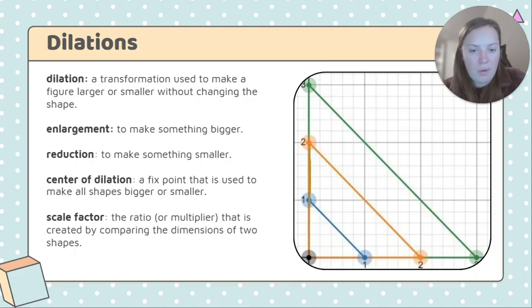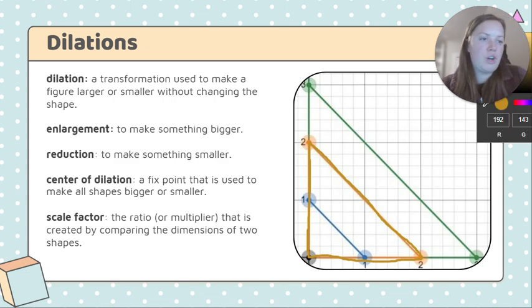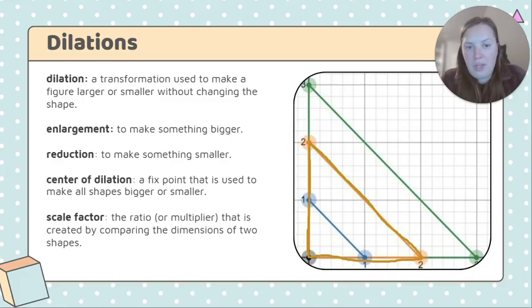This is our original triangle. If we were to dilate the original triangle, we could make it bigger, and making it bigger would create this green triangle right here.